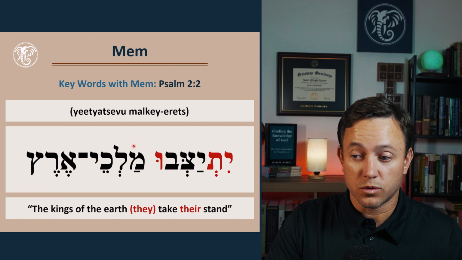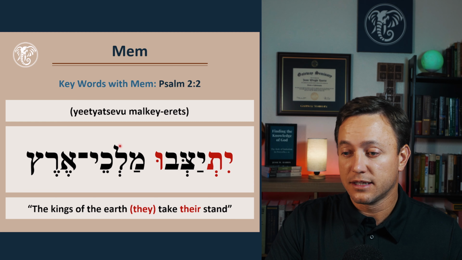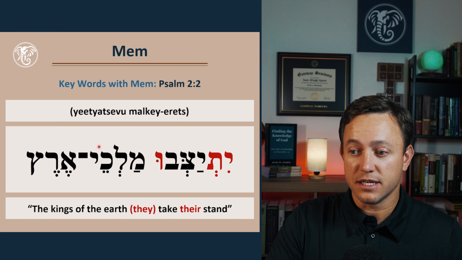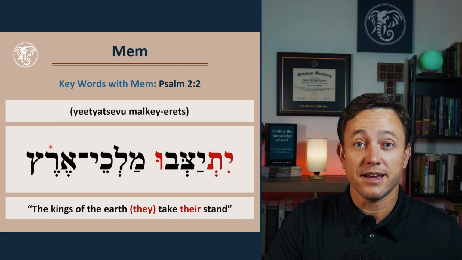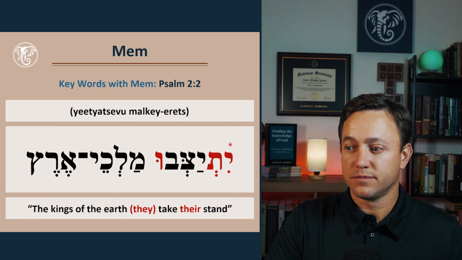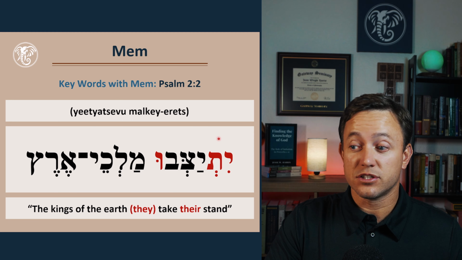And then we have this word malke. So hopefully that looks familiar. It's related to that word malak, to rule, but in this case it's from melech, king, and in particular, plural. So the kings of the land, or the earth even. So the kings of the earth have taken their stand.